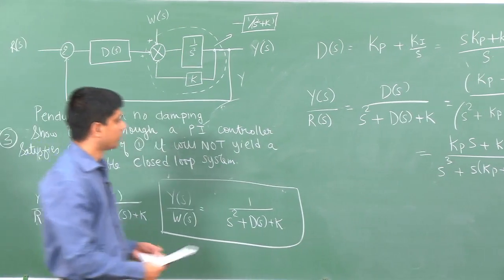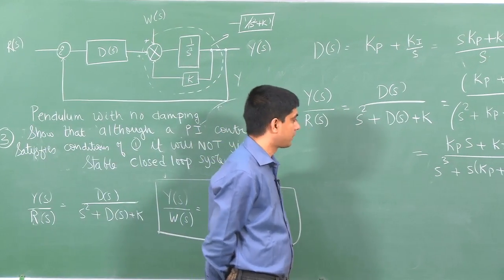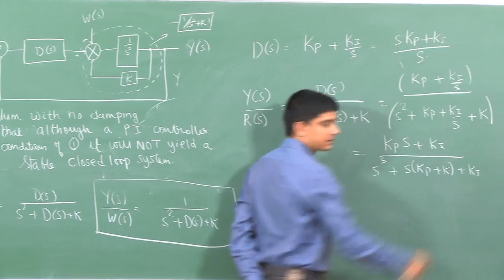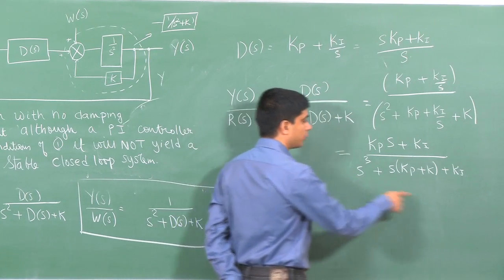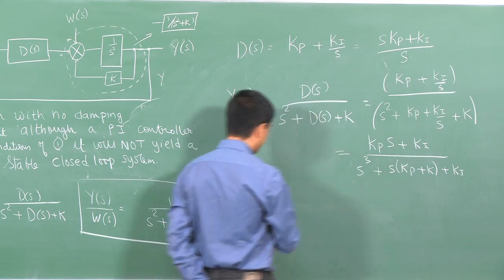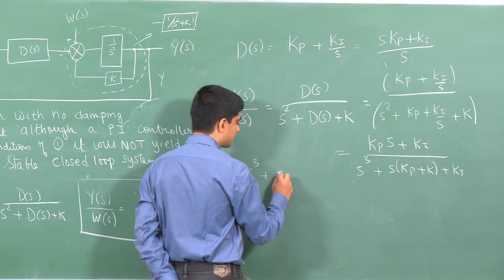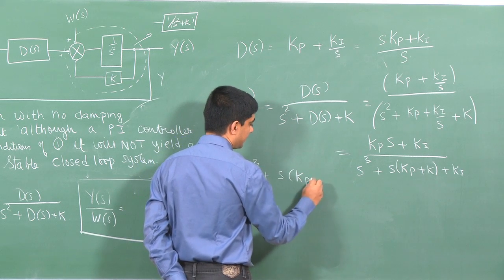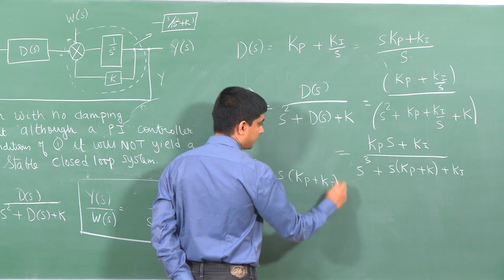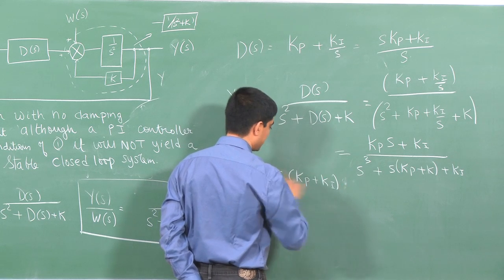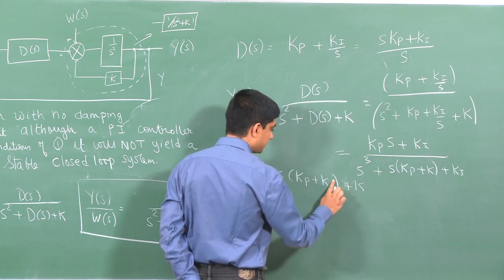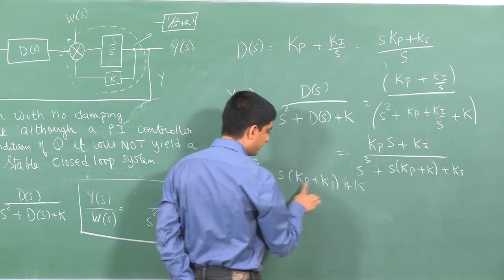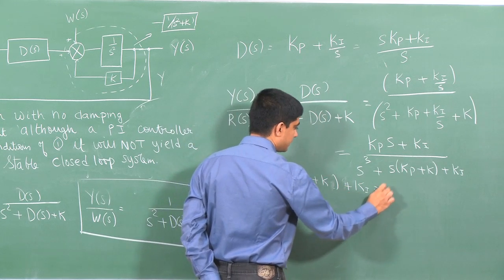Now, is this system stable? How do I find out? I find out by the roots of the characteristic equation, or the poles of the system. Now, look at this: s cubed plus (Kp plus k) s plus Ki is 0.